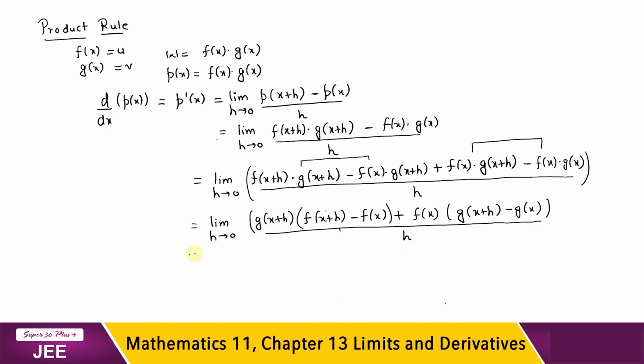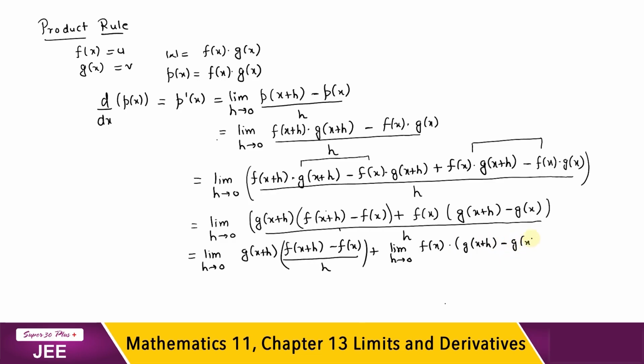Alright students, so now we can write it in this way: limit h tending to 0, g(x+h) times (f(x+h) minus f(x)) divided by h, plus limit h tending to 0, f(x) multiplied by (g(x+h) minus g(x)) divided by h.